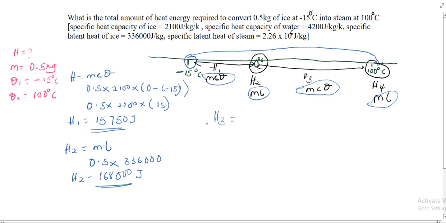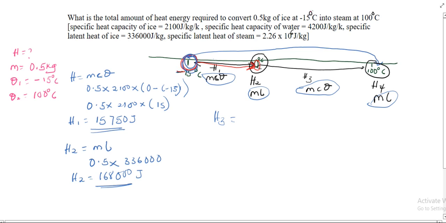Now our H3, the heat required to raise the temperature of the water. It was ice at -15. Then we took it from here to 0, and then we melt it at 0. When it got to 0 here, from -15 to 0, it was still ice at 0.